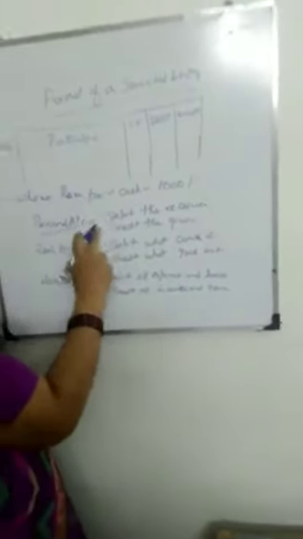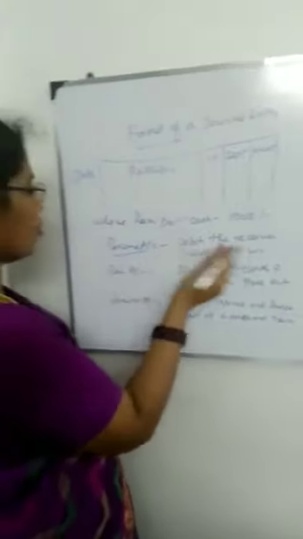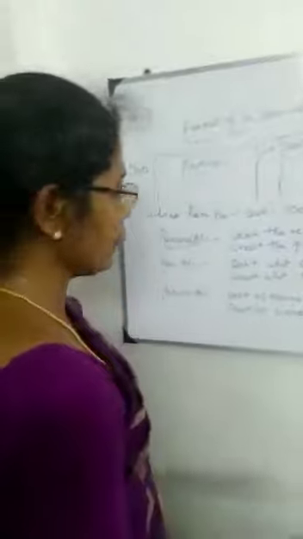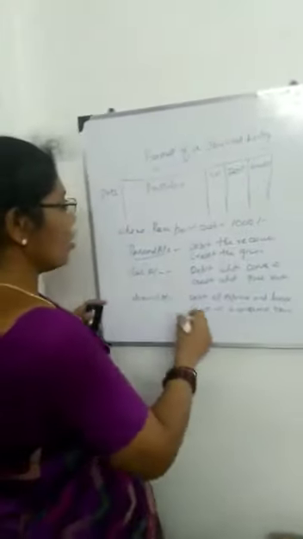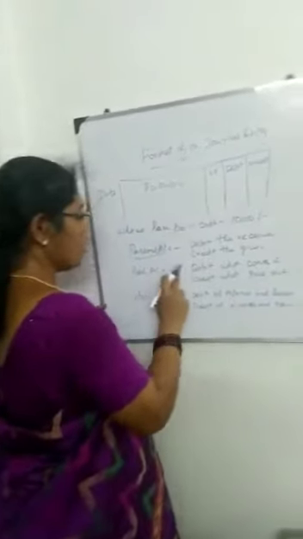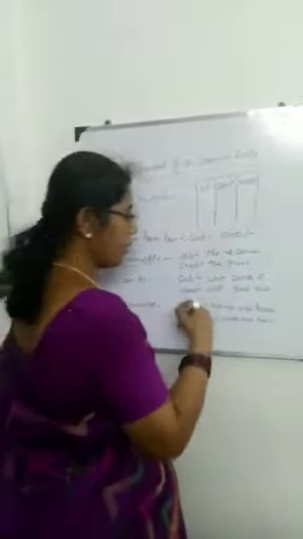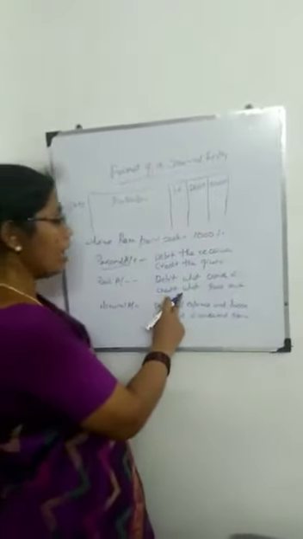So personal account means debit the receiver. When a person receives cash or whatever, he has to be debited. Or if a person gives, he has to be credited. Real account means debit what comes in. If it is a real account, whatever comes in should be debited, and whatever goes out we have to credit.